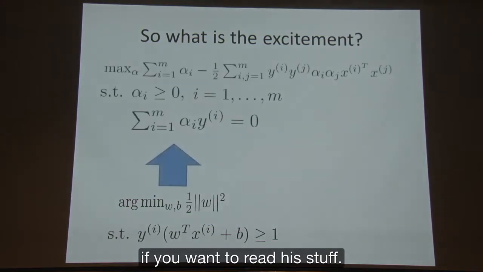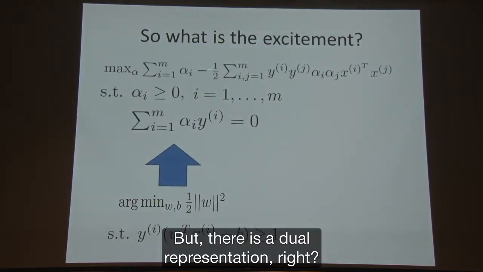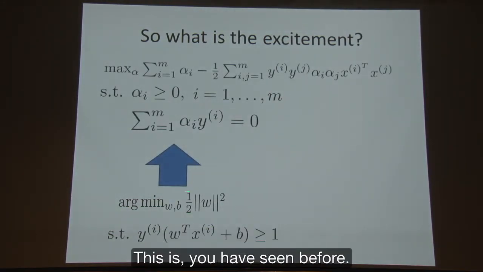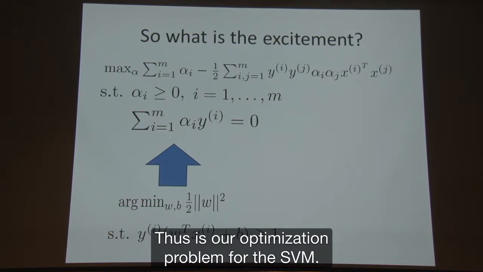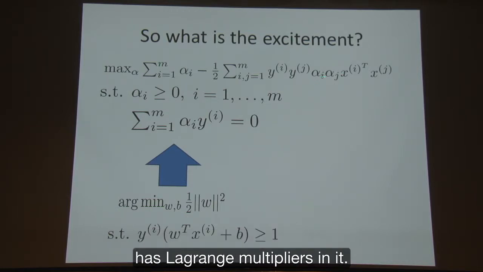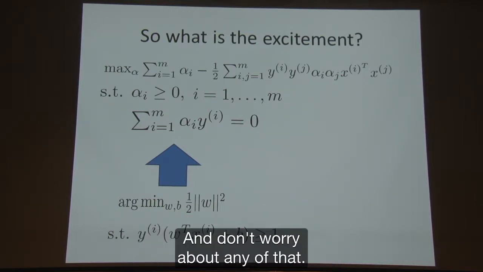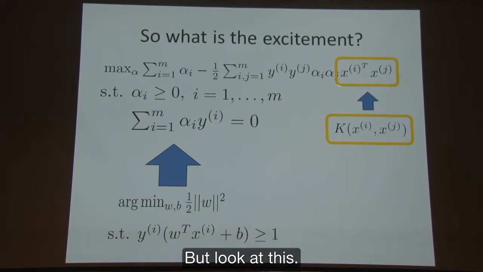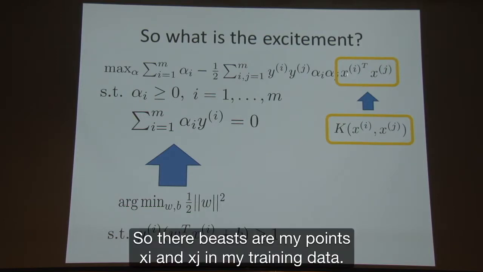But there is a dual representation, right? This you have seen before. That is our optimization problem for the SVM. There's something called a dual representation that has Lagrange multipliers in it. And don't worry about any of that, but look at this. There's our dot product. So these are my points xi and xj in my training data.